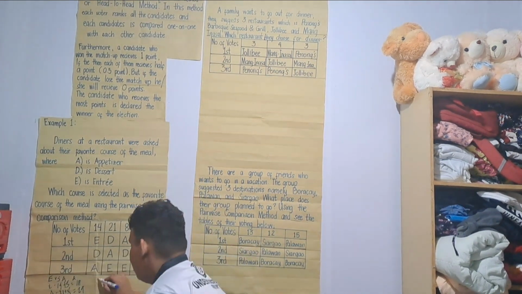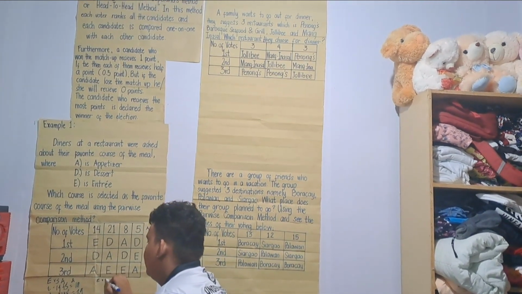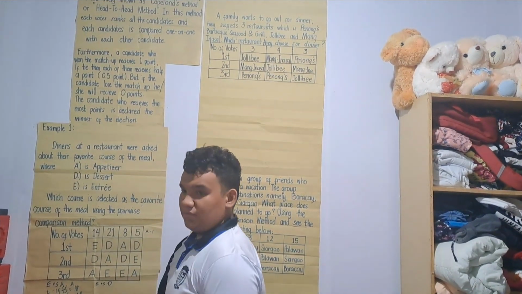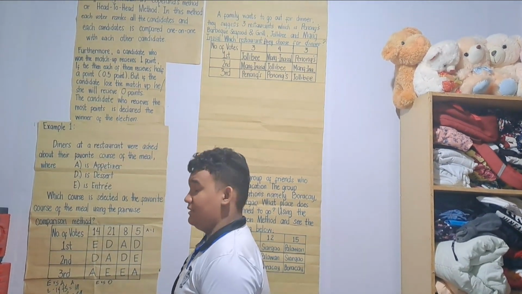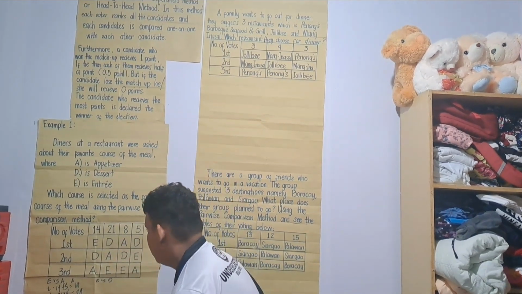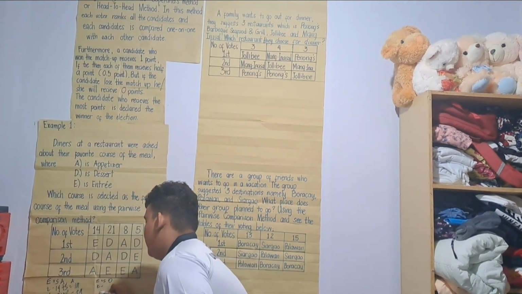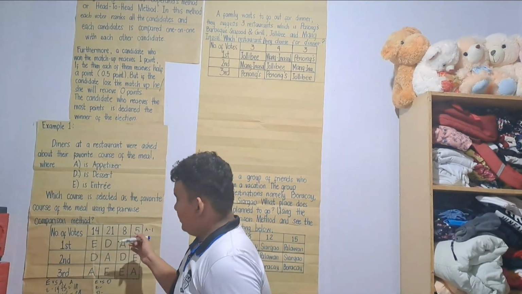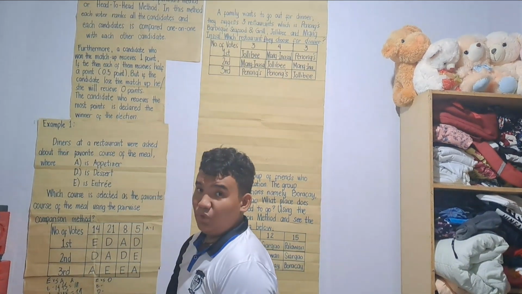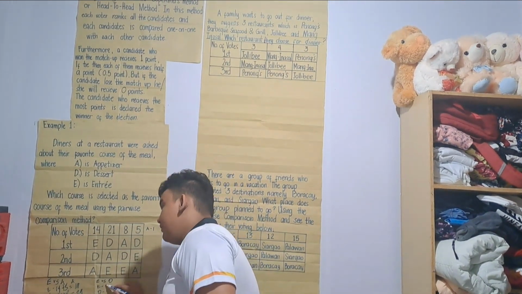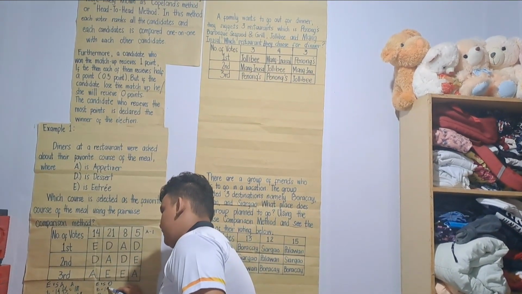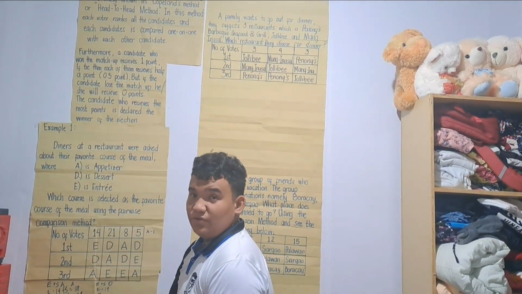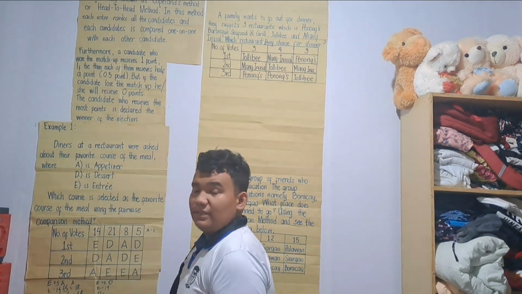The second matchup is entree versus dessert. To determine the winner again, we need to look at each column. In the first column, entree is preferable to dessert, so 14 voters have entree. In the second column, 21 voters choose dessert then entree.